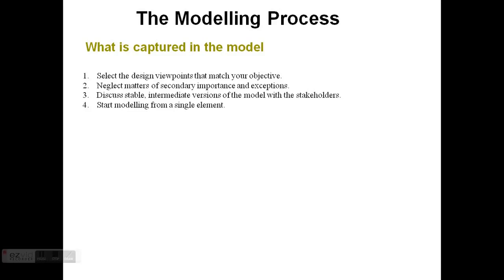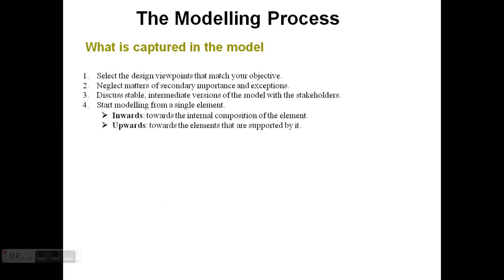Depending on the selected design viewpoint, one element, for instance, a specific role, a service, a process, or a product, which is of prime importance in terms of the business. Form your model around this central element by going inwards toward the composition of the element. So, okay, what actually makes up this element? If it's a product, it has parts. If it's a service, it has sub-services, things like that.